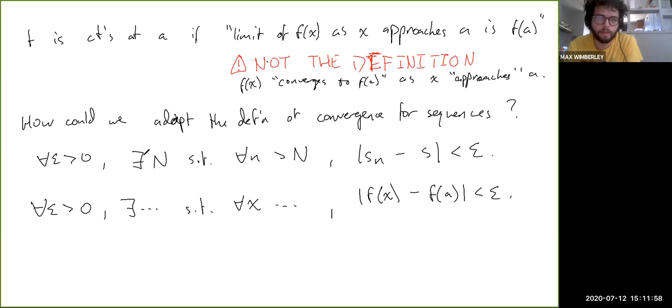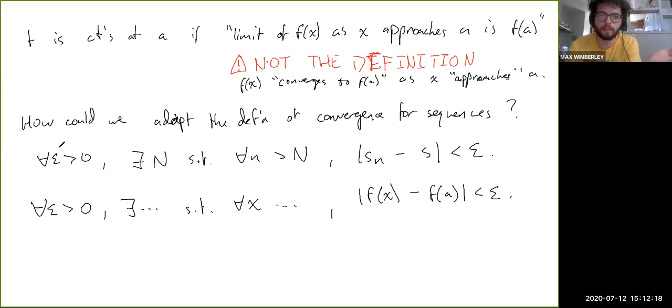Now here's the thing. When we think about capital N, what role does capital N play in the definition of convergence for sequences? Capital N forces little n to be large, or another way of thinking about it, it forces little n to be close to infinity.